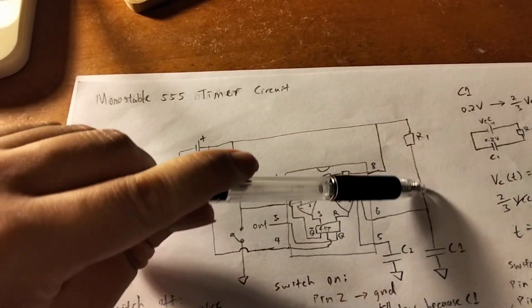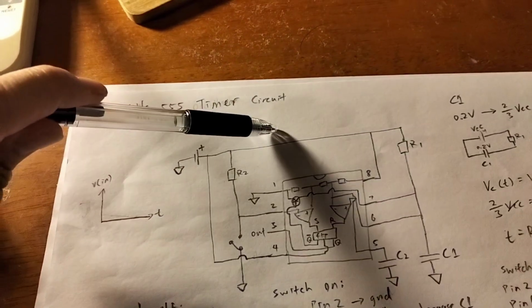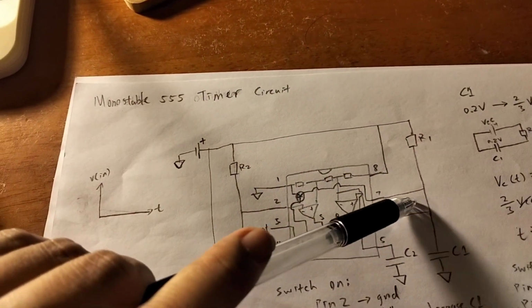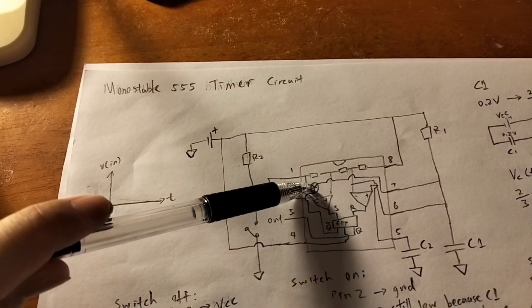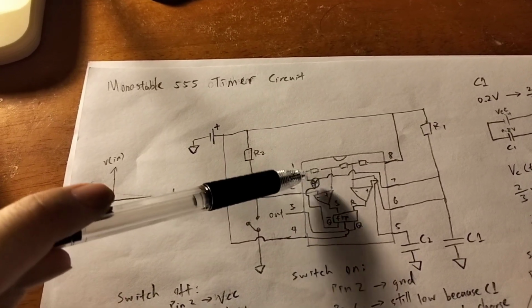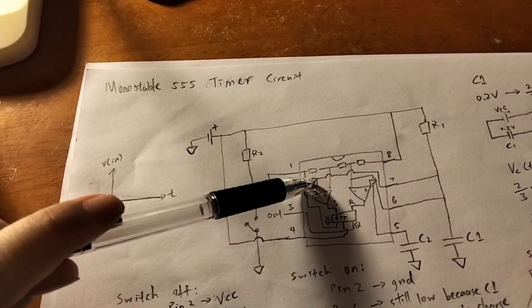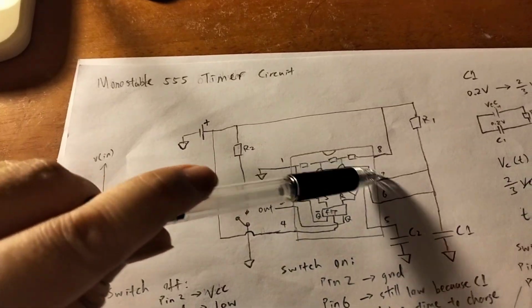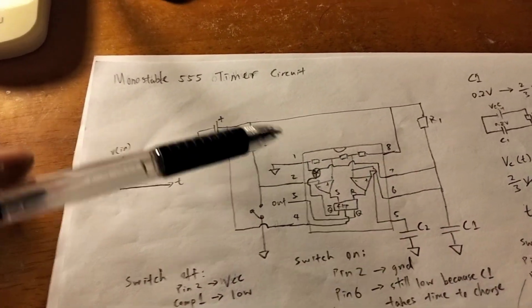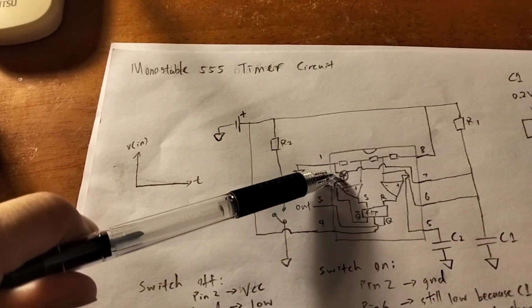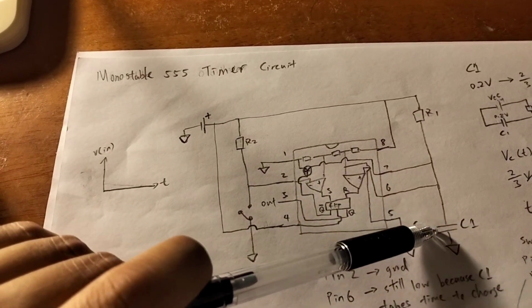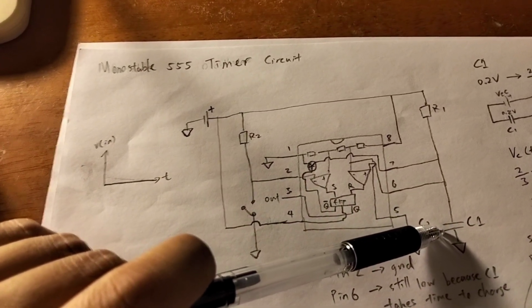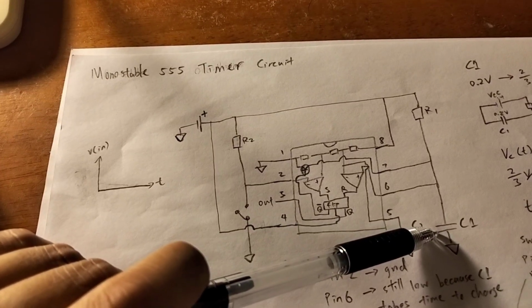Doesn't it have to discharge through this resistor? The reason is no, because it discharges through pin 7, which goes through the collector-emitter junction of this transistor. So the resistance is basically minimal. So that's ultimately what drives this timer: the time it takes for the capacitor to charge is far longer than the time it takes for it to discharge.